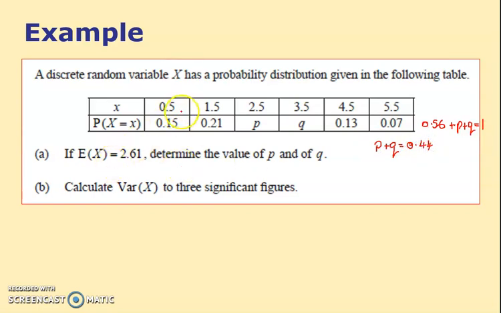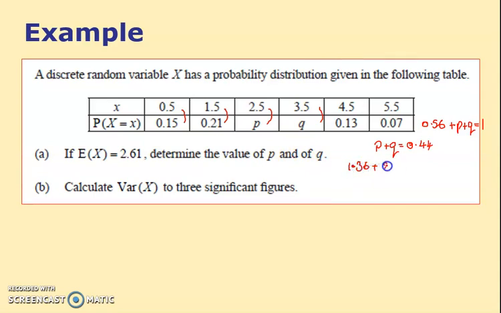Now, if I do the multiplications, I get another statement. What do I get? I'm just going to do 0.5 times 0.15 plus 1.5 times 0.21 plus, I'll ignore those P and Q's, 4.5 times 0.13 plus 5.5 times 0.07. So multiplying them all out, I get 1.36.